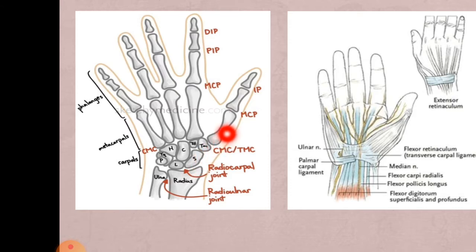Then you have the metacarpophalangeal joints, and the interphalangeal joints. In the thumb, as you have only two phalanges, there will be one interphalangeal joint, but in the fingers you would have a proximal interphalangeal joint and a distal interphalangeal joint.